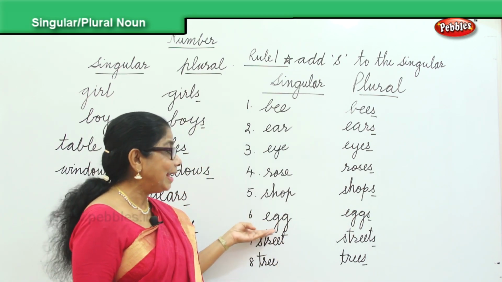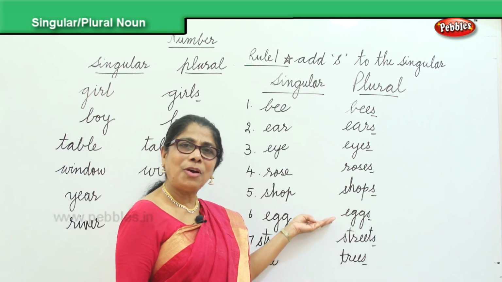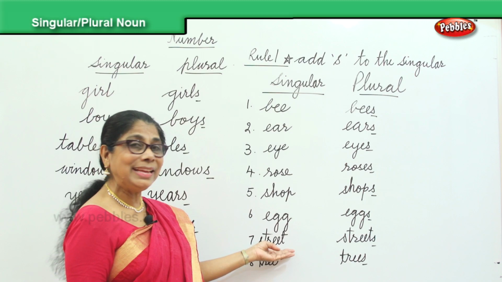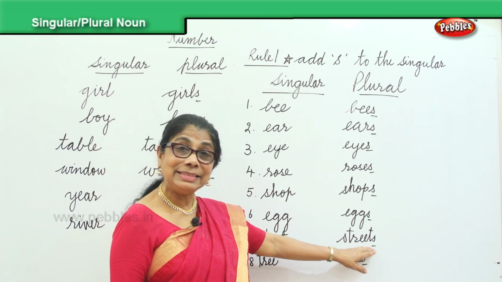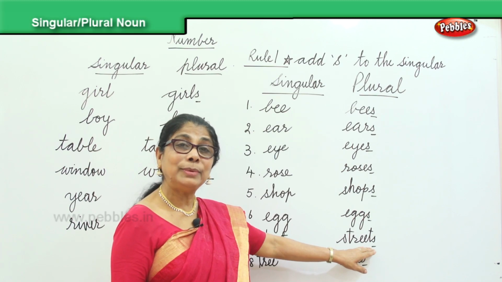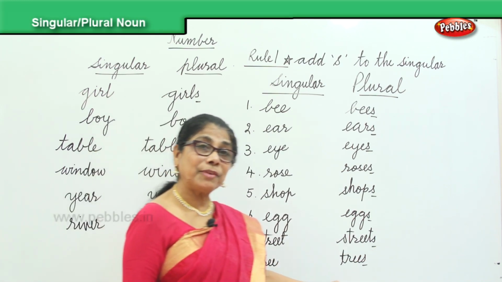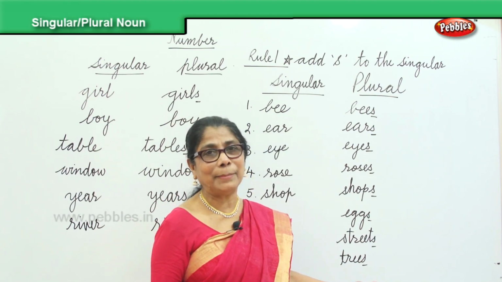Then you have egg, many eggs, you added an s to form the plural form eggs. Then you have street, there are many streets. Then you have tree, number of trees, you added an s to form the plural number.